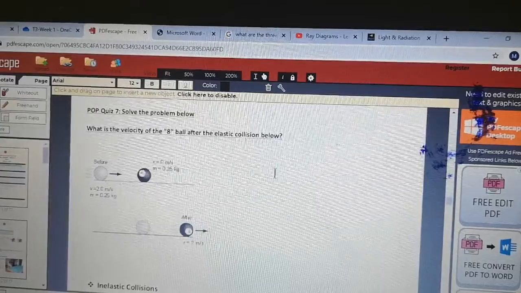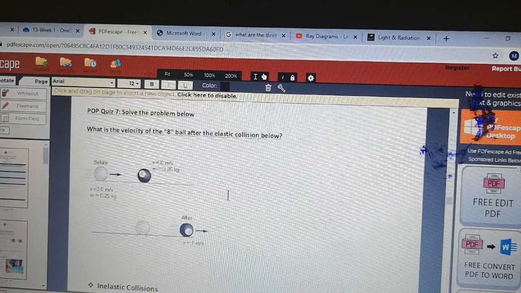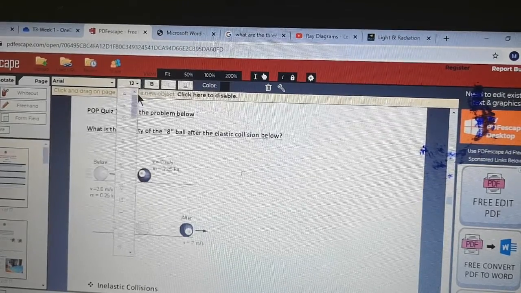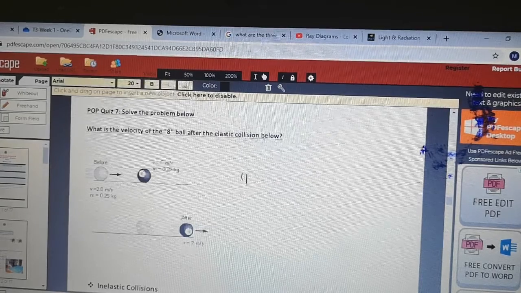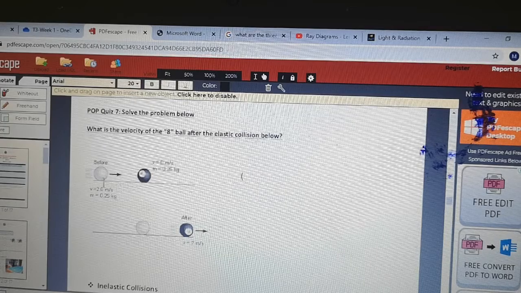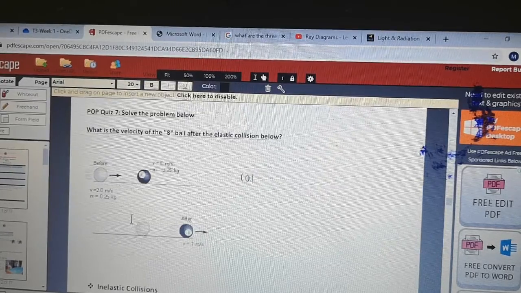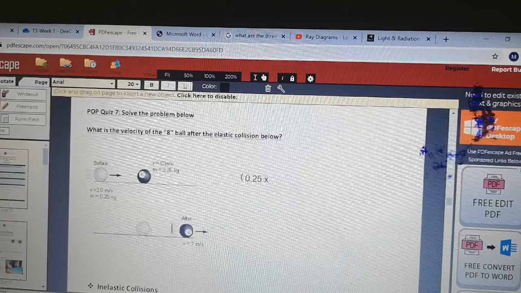So let's look at the mass and the velocity before the collision. I'll just make my text bigger. I can't read it that well, but it's 0.25, the mass, times the velocity, which is 2.